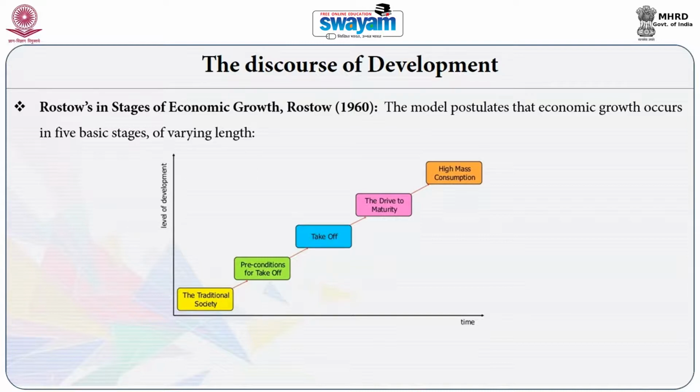That would transition into a drive to maturity, and ultimately you would be in the age of high mass consumption, right? So, traditional, preparation for takeoff, the drive to maturity, and ultimately the age of mass consumption. So you can see this trajectory, a very linear idea of the way we grow.